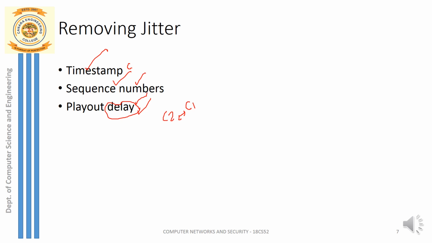Suppose I fix this gap to 20 milliseconds; no matter what time the chunks are received, that gap is fixed at 20 milliseconds. What is going to happen now at the receiver side? The chunks are played at a fixed rate, that is, at a fixed gap of 20 milliseconds. First chunk is played, after 20 milliseconds the second chunk, after 20 milliseconds the third chunk. So at every fixed rate the chunks are played at the receiver's end, right? That's why the receiver should be very careful when he is fixing this fixed delay. Okay, so these are the three solutions we could give for removing the jitter.